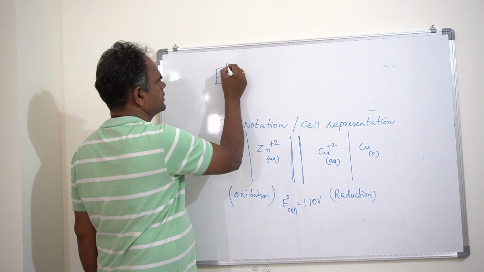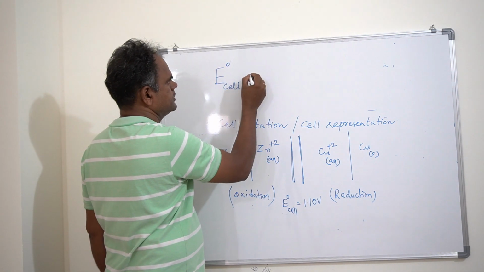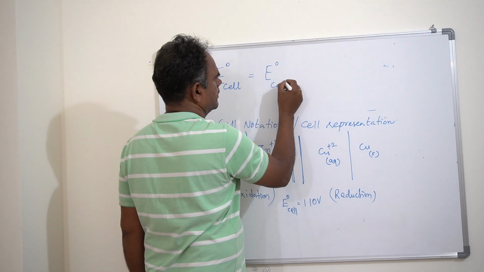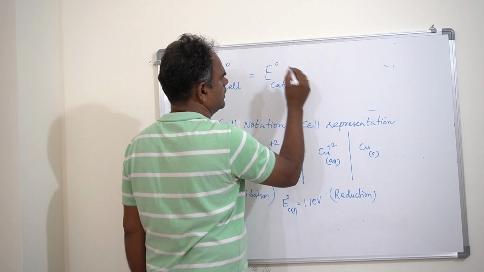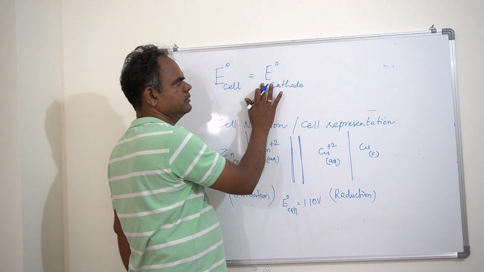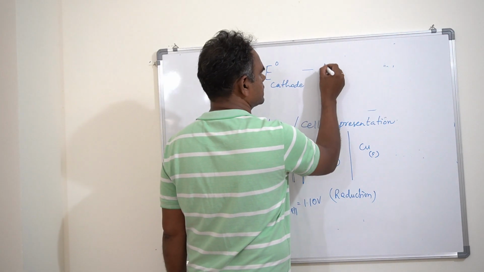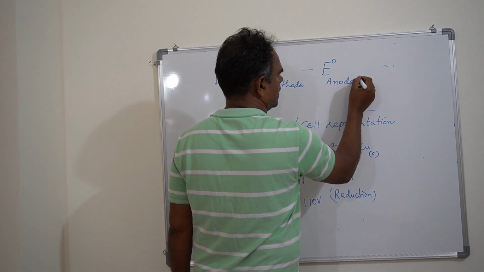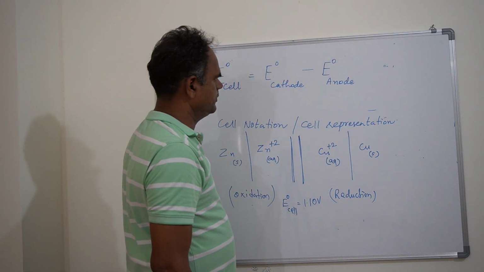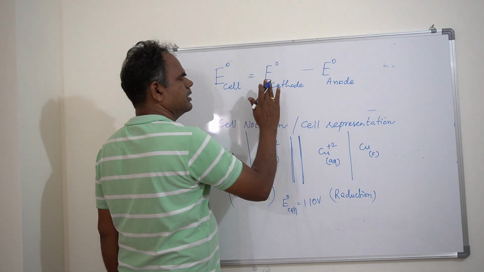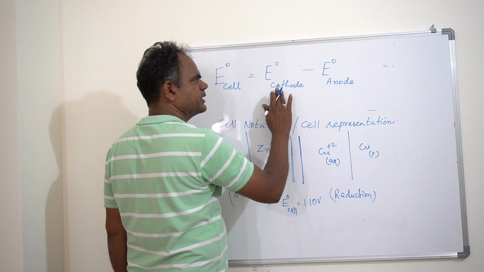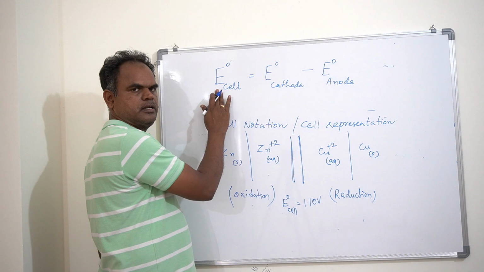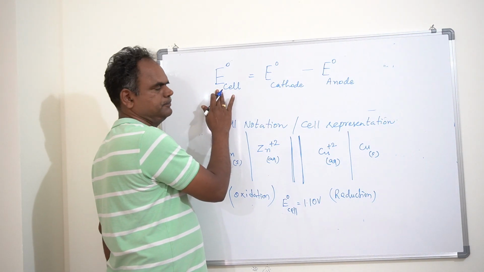Standard cell potential is equal to E naught of the cathode, the standard electrode potential of the cathode, minus the standard electrode potential of the anode. The difference of the standard electrode potentials of cathode and anode is the cell potential of any electrochemical cell.